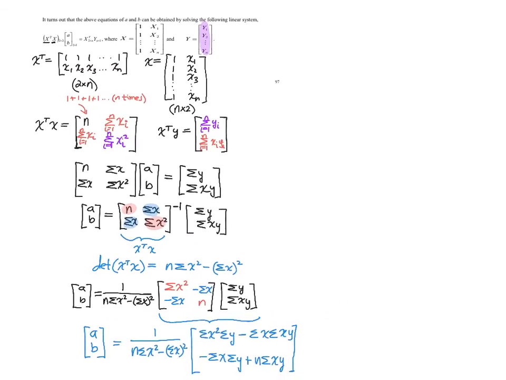When in reality, whoever came up with this, they started with that and worked in the other direction to come up with these factors. All right, so you got to think about that.